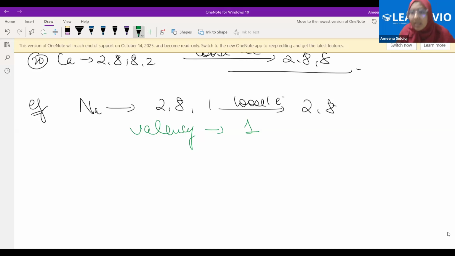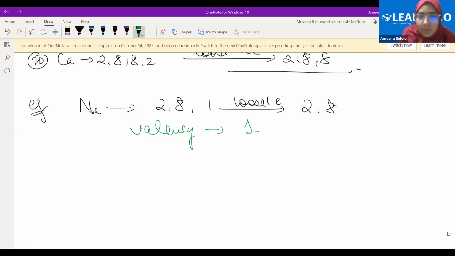If sodium is giving 1 electron and another atom wants 2 electrons, then sodium will have to be 2 in number, so that in total 2 electrons are given, because the combining capacity, that is the valency of sodium, is 1. Yes or no? That is the same thing we were learning while making chemical formulas.